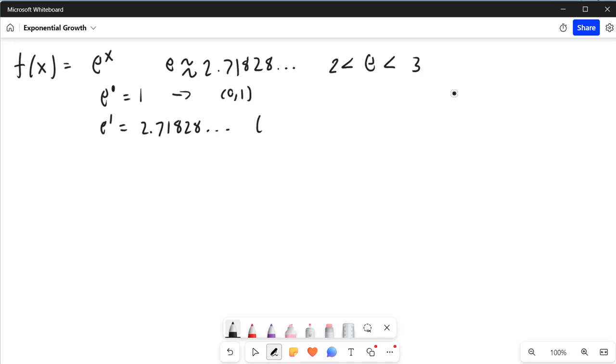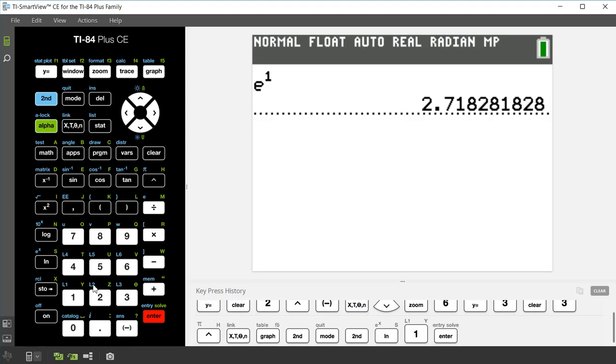So you could just say that's just 1, e. But if you use e to the negative 1, that's going to be 1 over e.